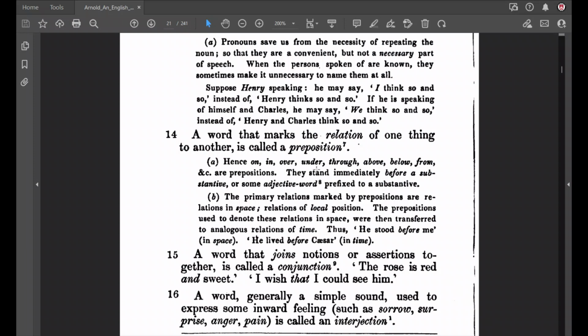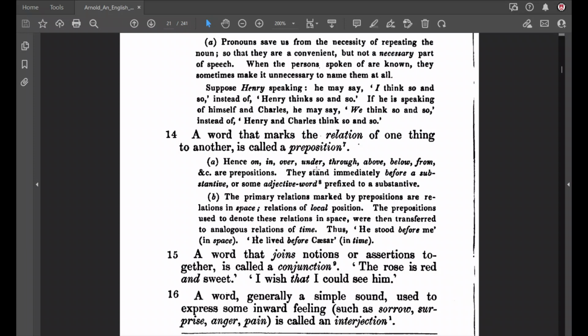Okay? I saw a bird on the roof. On expresses the relationship between bird and roof. I saw a snake under the shed. Under expresses the relation between the snake and the shed.